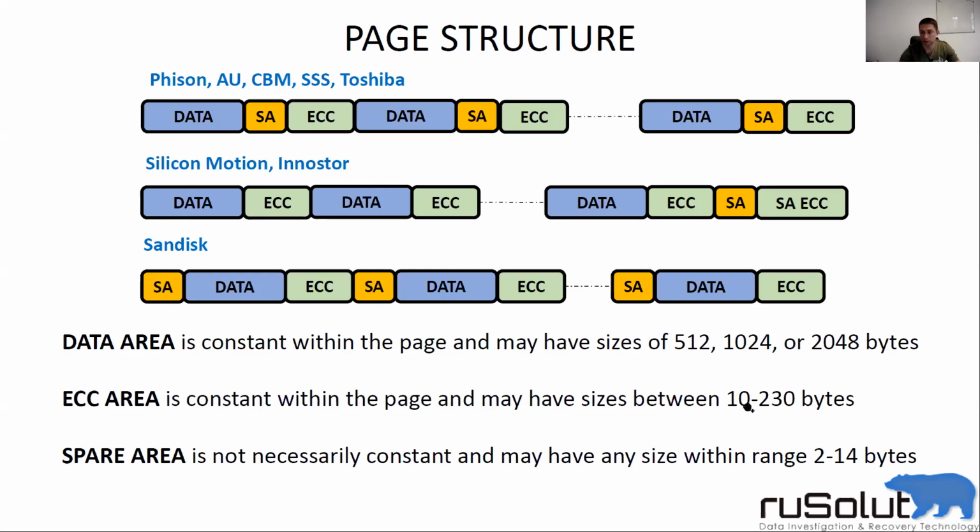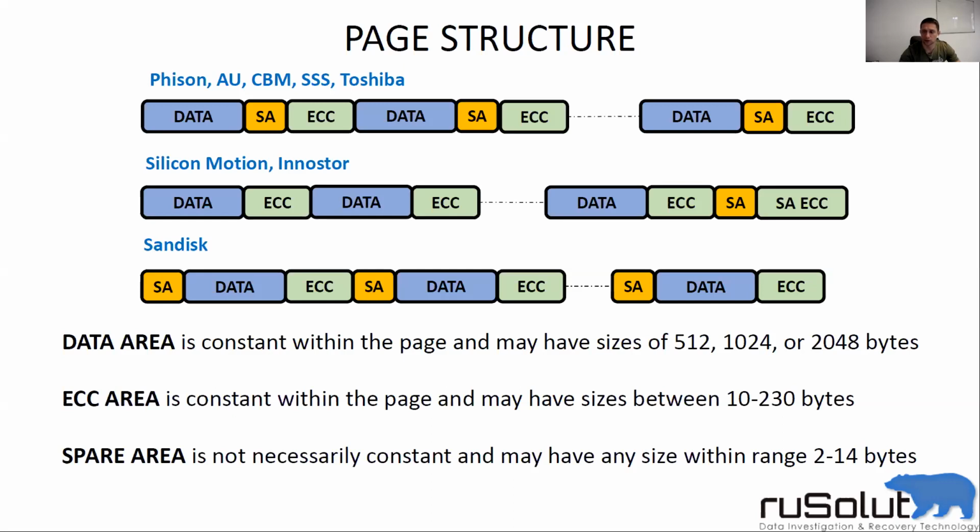But the size may be very different. Some old device may have 10 bytes for one data area or data plus service area. And other devices may have 230 bytes. That's typical for SanDisk controllers.